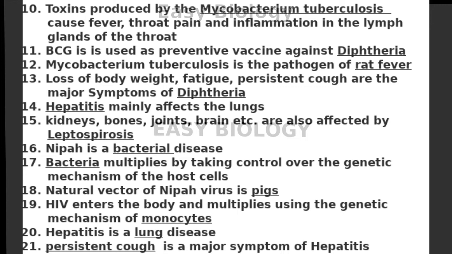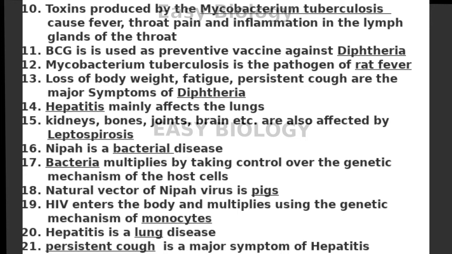Kidneys, bones, joints, brain, etc. are also affected by tuberculosis. Question number 16. Nipah is a bacterial disease. The underlined portion is bacterial. It is wrong. The correct answer is: Nipah is a viral disease.